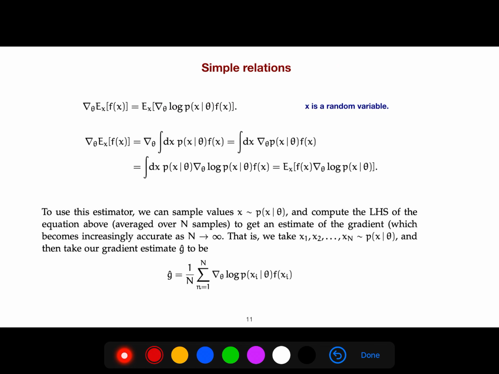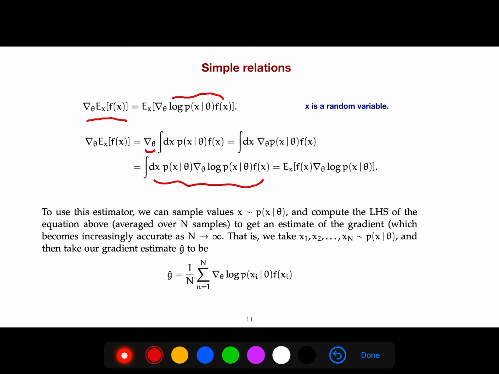So if we write the gradient of the expectation of some function f of x, it becomes f of x times the gradient of log of p of x given theta, where x is a random variable. Because the expectation depends on theta, the gradient goes inside, and you can integrate like this.